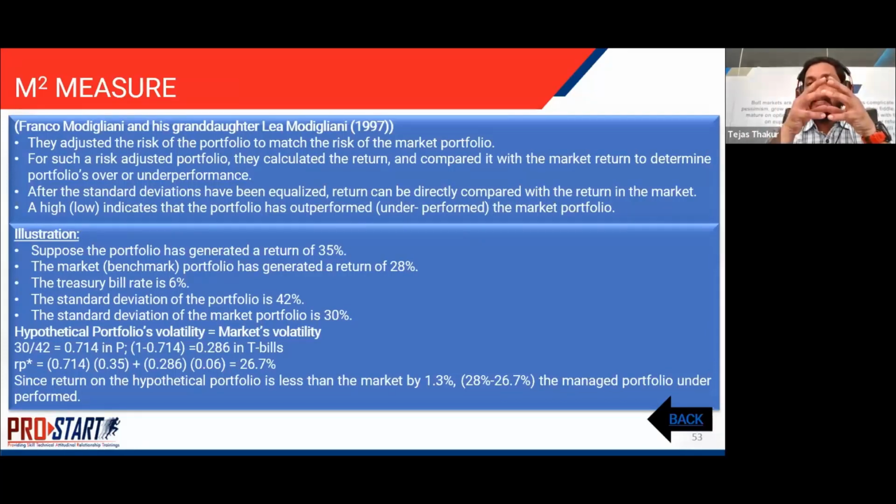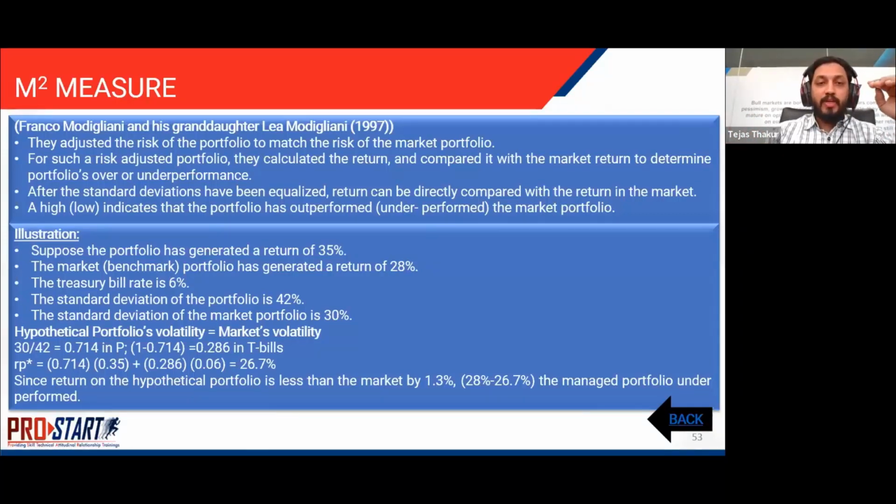Now imagine you have two options. One is government securities, which is a risk-free portfolio, and the other is the overall portfolio, which is the market portfolio or the benchmark portfolio. How should you split your monies to get the final return that the portfolio would have actually generated?